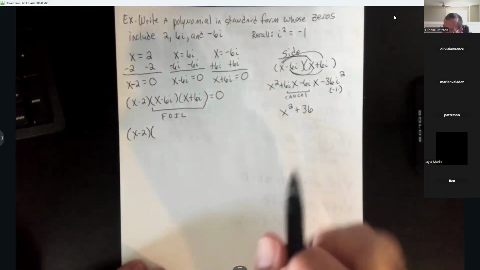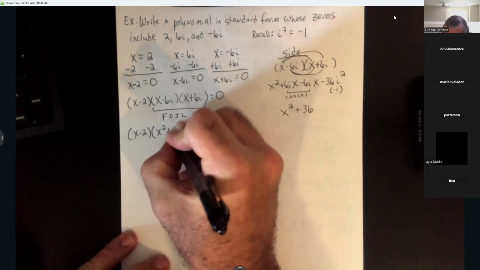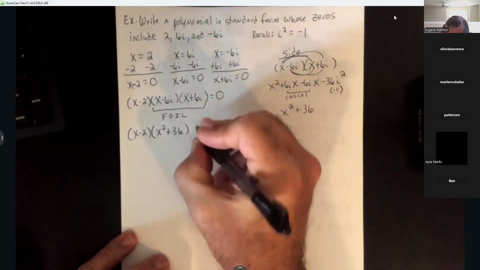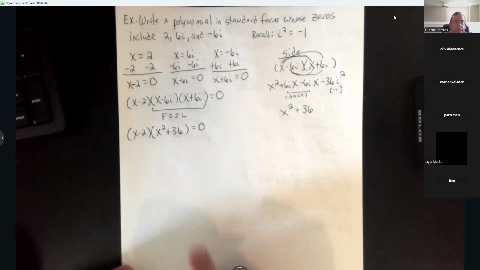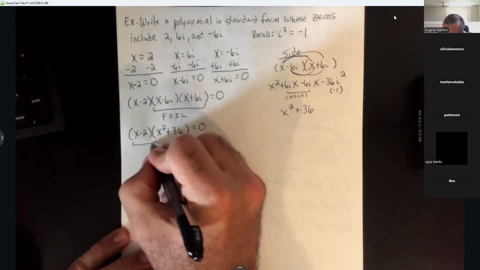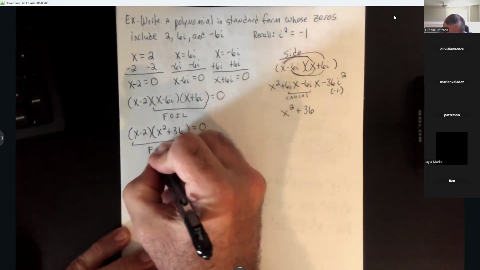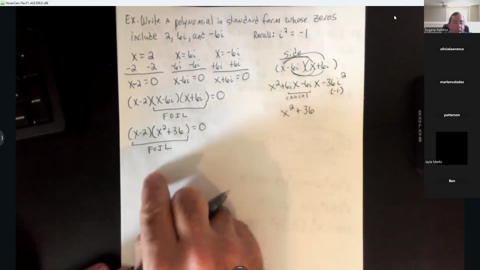So that x squared plus 36 is going into parentheses. Now you have two things times two things, so we're going to FOIL this right here.